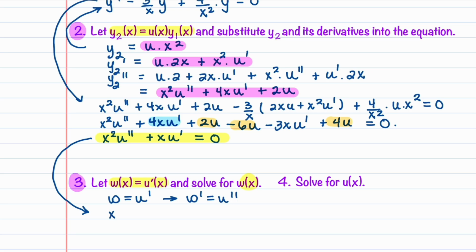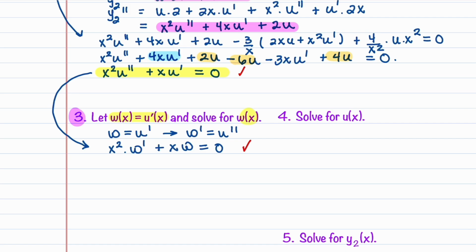We have x squared times u double prime, so that's now x squared w prime, plus x times u prime, so that's x times w, is equal to 0. Notice that this is a first order equation, and our equation for u up here was a second order equation. This is why it's called reduction of order, because we're reducing a second order equation to a first order equation.